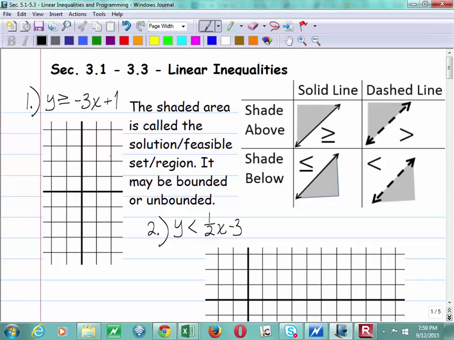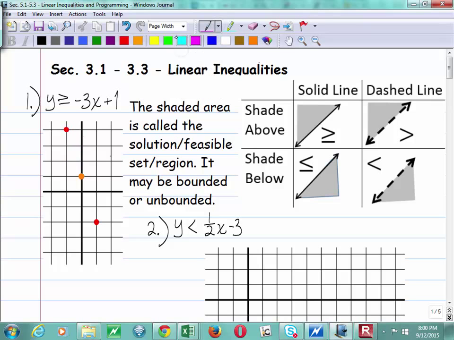Alright, so for number 1, we've got our inequality. It's in slope-intercept form, so we're just going to start by graphing it. The y-intercept is at positive 1, and the slope is negative 3. So from there we're going to go down 3 over 1. I could also go up 3 and to the left 1 to get another point.